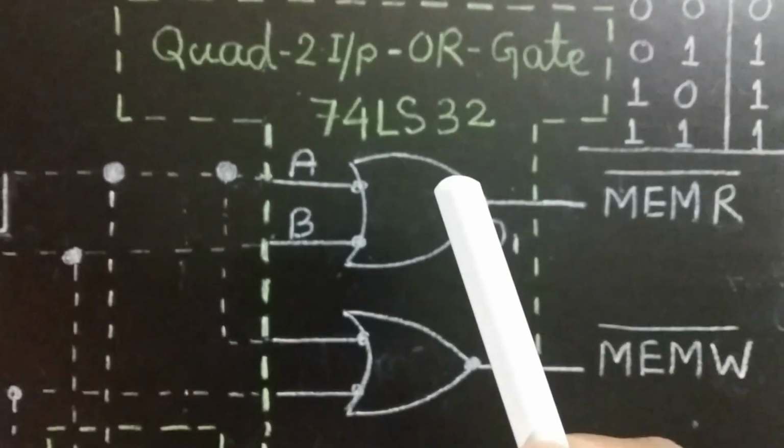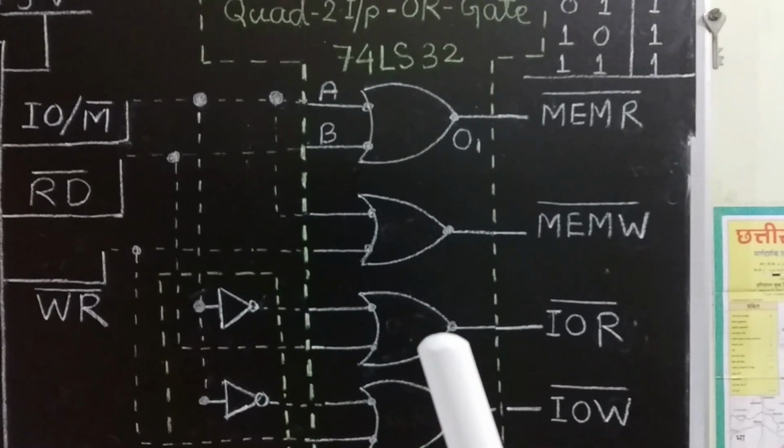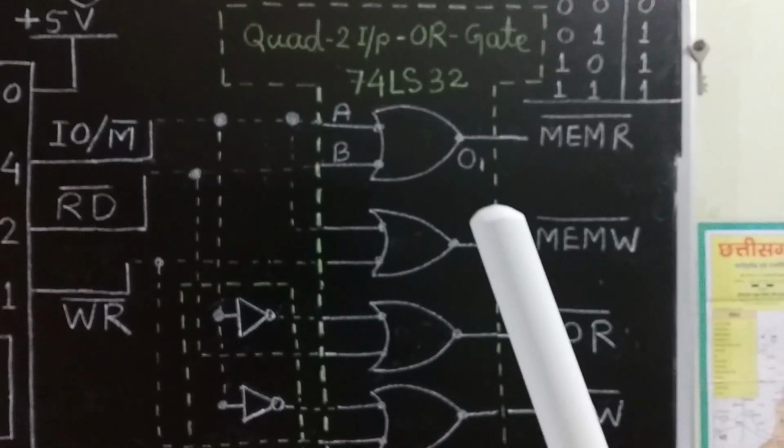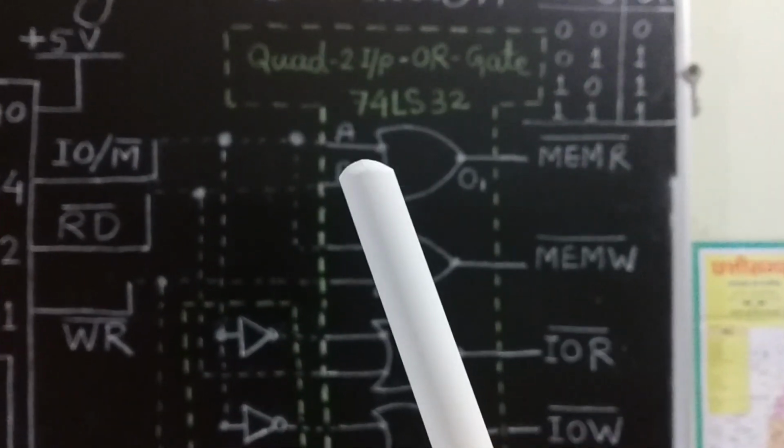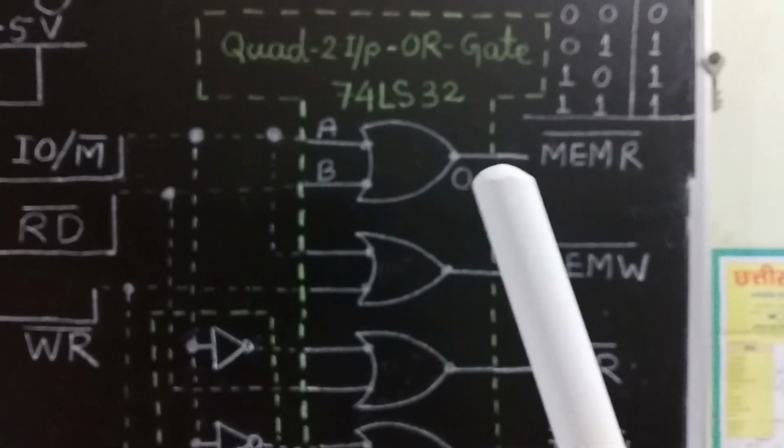It has 4 OR gates, as you are seeing: 1, 2, 3, 4. Each gate has 2 inputs and 1 output.